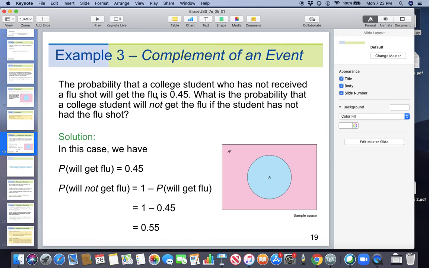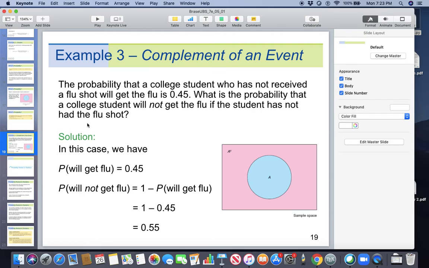The probability that a college student who has not received a flu shot will get the flu is 0.45. So a student who has not received a flu shot could get flu, may not get flu, but the chances of a person who has not received flu shot who will end up getting the flu is 0.45.